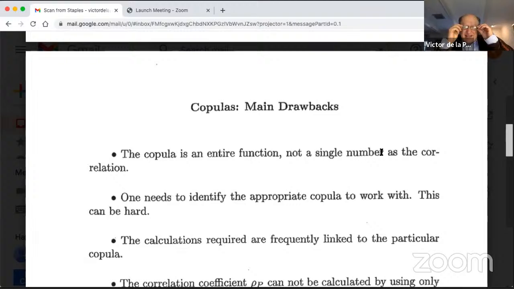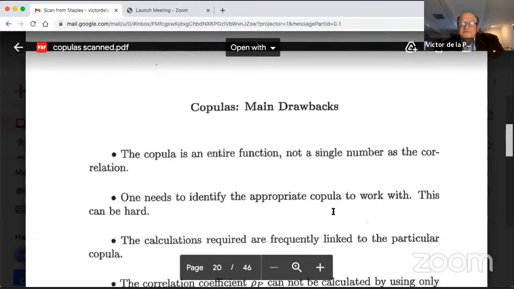In that sense it's a disadvantage, because you need to know the entire function to check whether or not there is dependence. However, there are ways in which you can synthesize things, and I'll explain how. One also needs to identify the appropriate copula, and this can be hard.